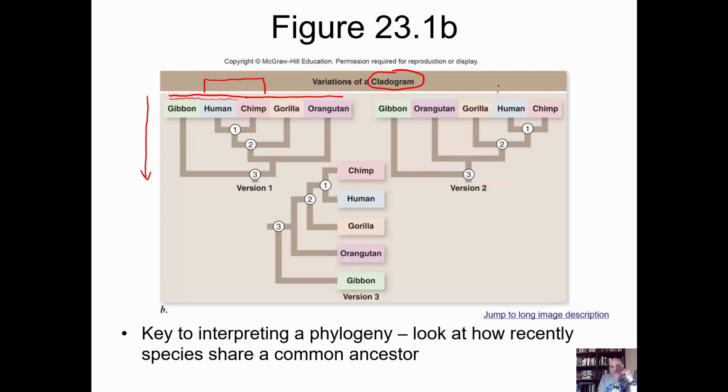And if I look over here, I see the same thing here, and then I see the same thing here. And you can continue to do this. The second node down here shows that the human and the chimp are more closely related to the gorilla, and they share a common ancestor, but you have to go back further in time. And so the human, chimp, and the gorilla share a common ancestor, but you have to go back further. And they're more closely related than those three are to the orangutan. You have to go back further in time to a node there, and so on.